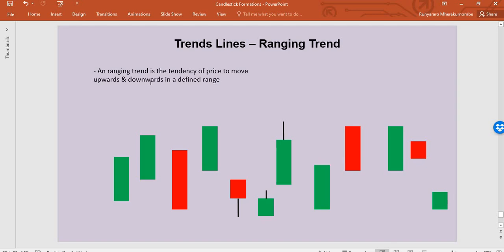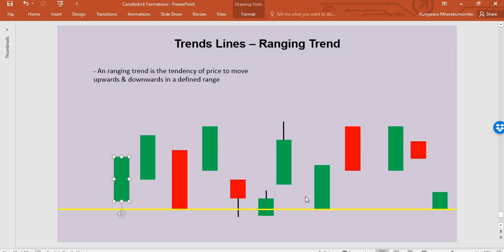Then the last one is the ranging trend, whereby price is moving between fixed points and going up and down. So it's oscillating between 2 points. So in this case, we are expecting to have a closer to horizontal line. So there I've got this one candle and this second candle, and also this candle.